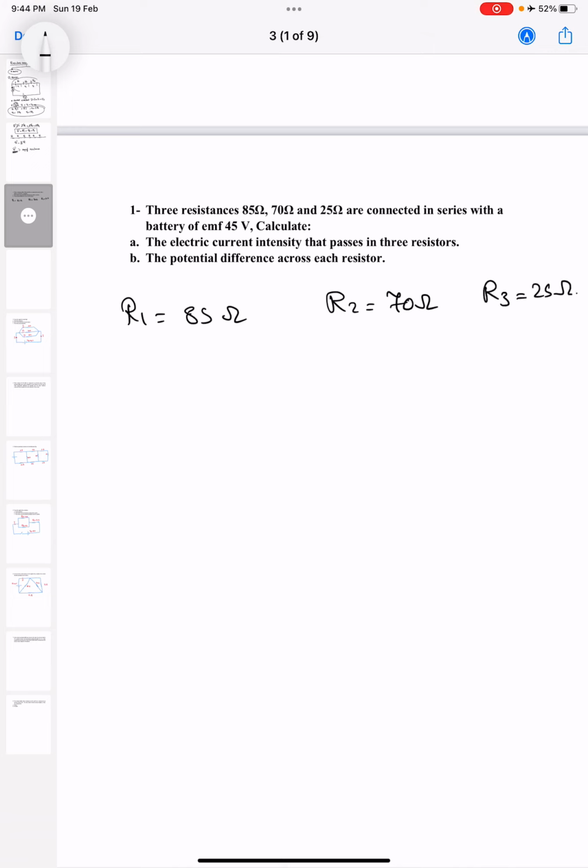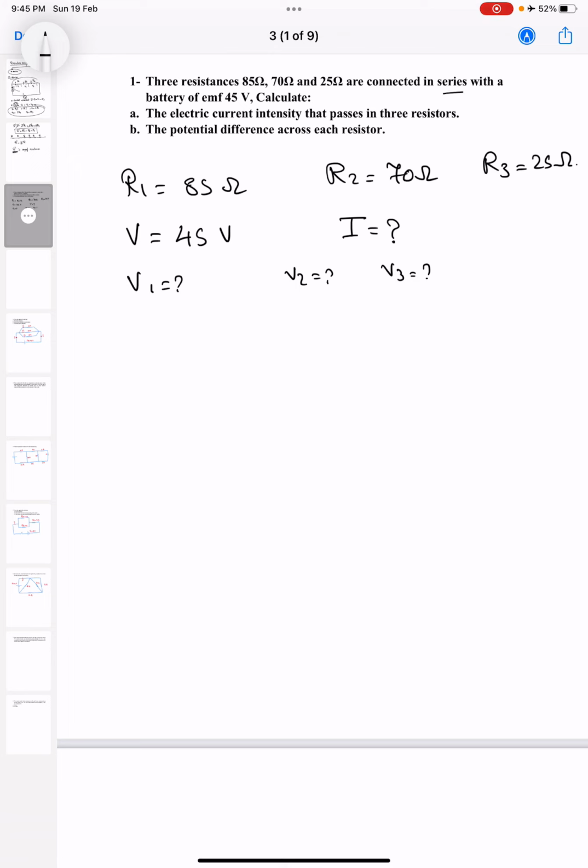In series with a battery, V equals 45 volt. Calculate the electric current intensity passing in the three resistors. He wants to calculate I total or total current and the potential difference across each resistance. We need to calculate V1, V2, V3. How?